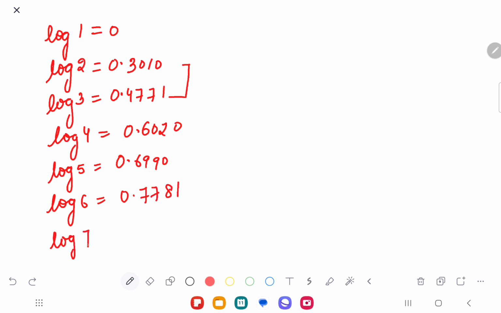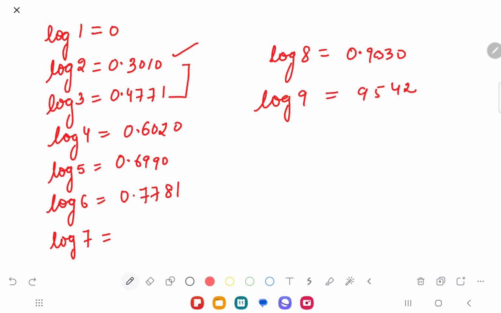Log 7 I have to calculate now. Log 8 is going to be 3 times log 2, so that is 0.9030. Log 9 is going to be 0.9542. And log 10 is going to be 1.